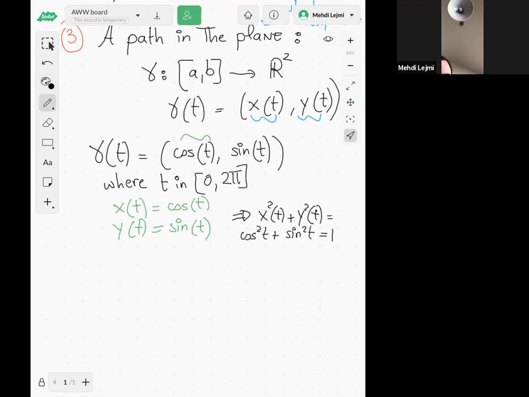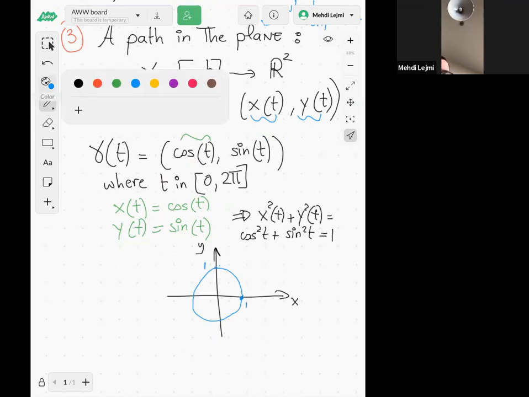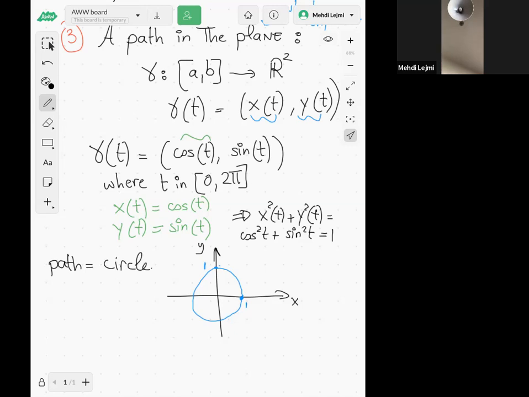Again, we have only two coordinates here. This is X, this is Y, and in this case, my curve or path is just the circle of radius 1. Okay. So my path here, or my curve, is just a circle. But again, what you have to keep in mind, guys, is that a path or a curve is actually a one-dimensional space.